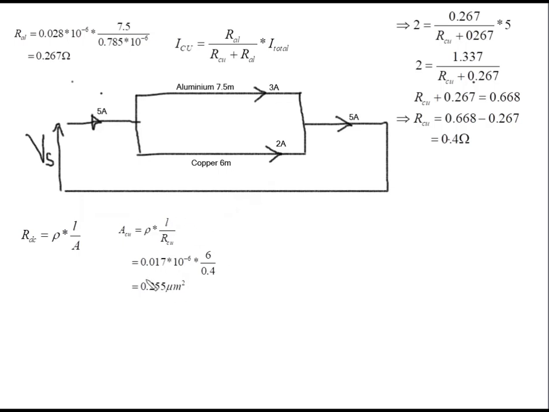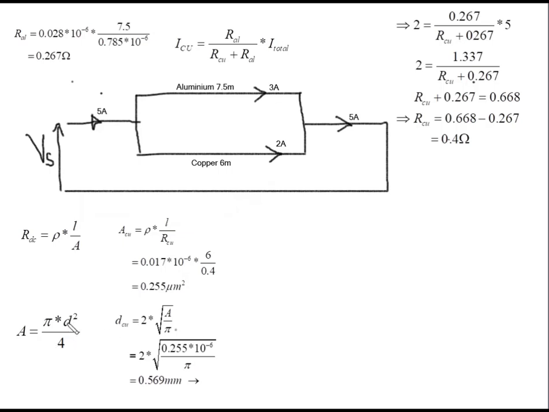Since we now have the area of the copper cable, we can use the same formula that we used to calculate the area of the aluminum cable, transforming that formula to calculate the diameter of the copper cable. From this formula, it gets to this one.